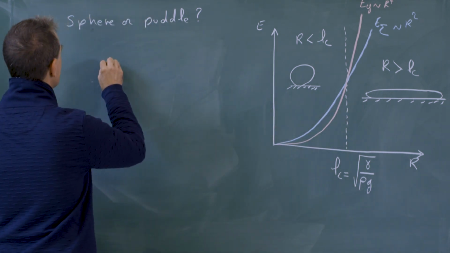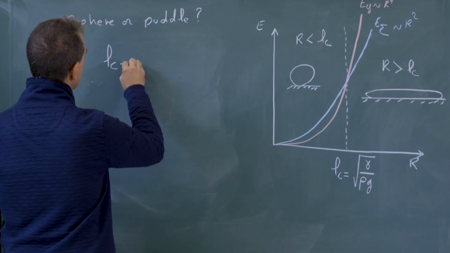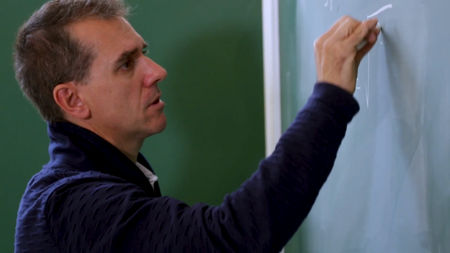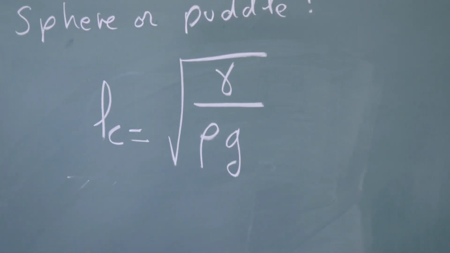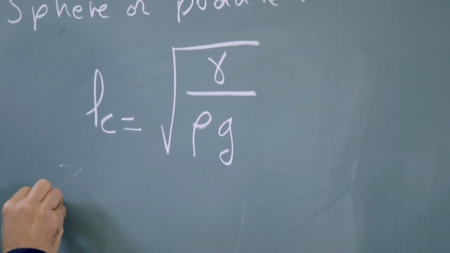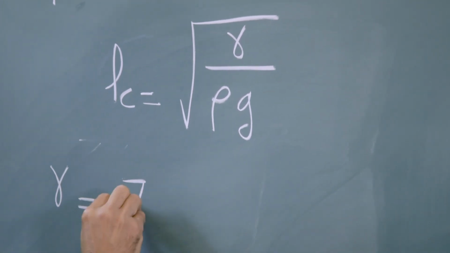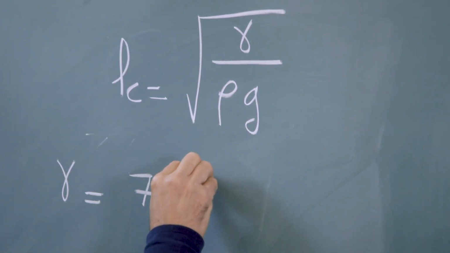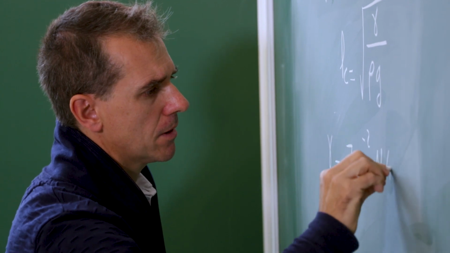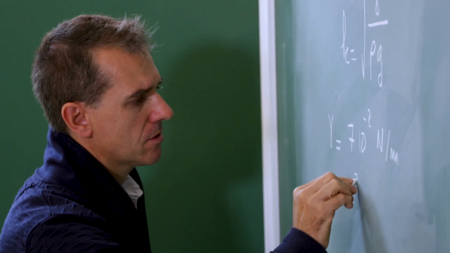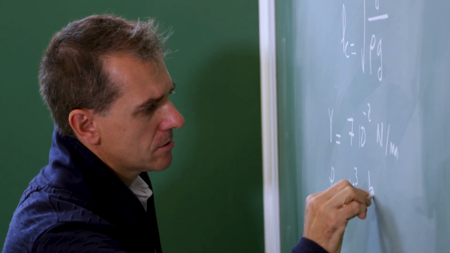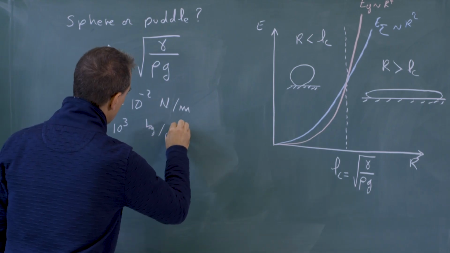So the last comment on this question is about the order of magnitude of the capillary length LC. So LC writes like the square root of gamma divided by rho g. And now if we put numbers, what we see is that gamma for water is of the order of 10 to the minus 2 Newton per meter. We have density of water that goes like 10 to the 3 kilos per cubic meter.